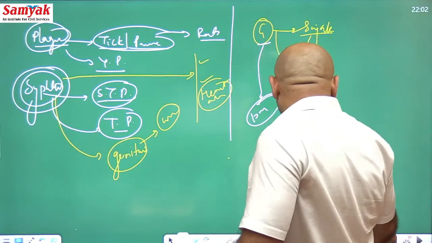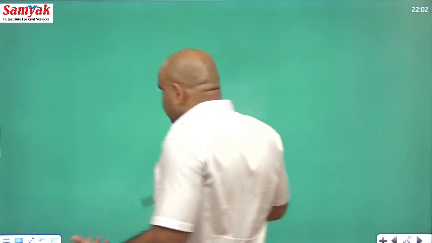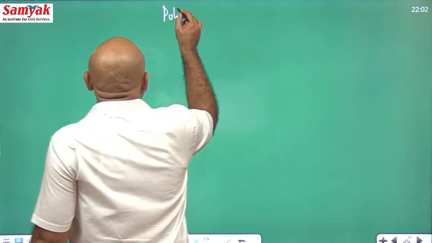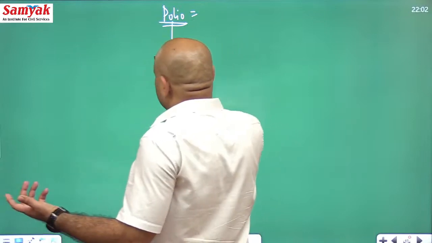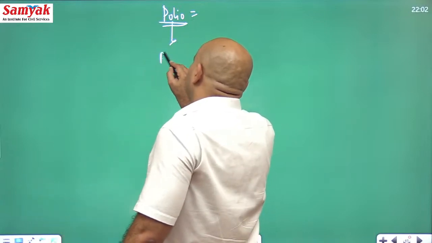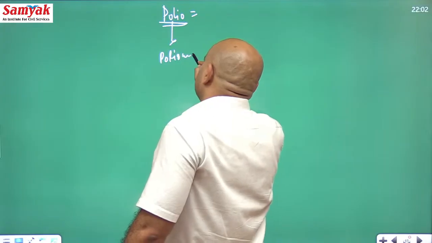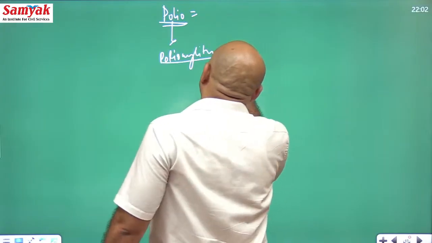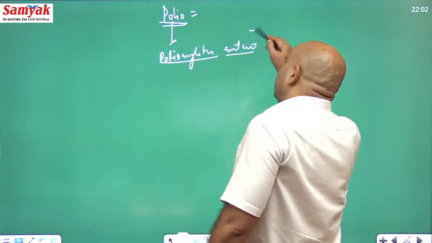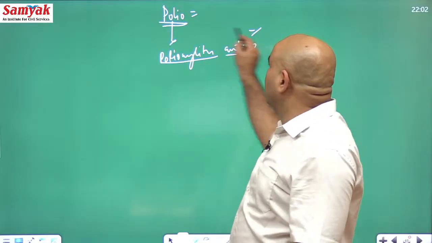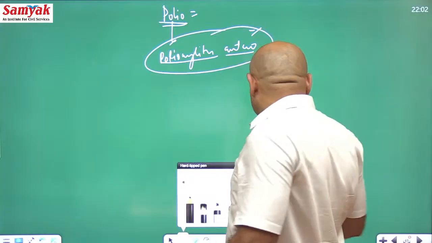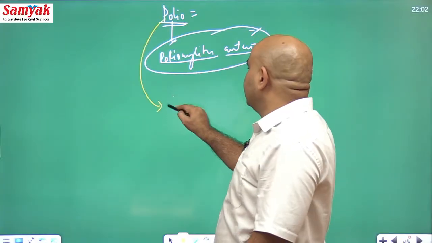Then after, we will talk about some of the viral infections. The most popular viral infection which can be asked in exam is polio. Polio is caused by a virus named poliomyelitis enterovirus. Remember this. Poliomyelitis enterovirus is going to affect your central nervous system.